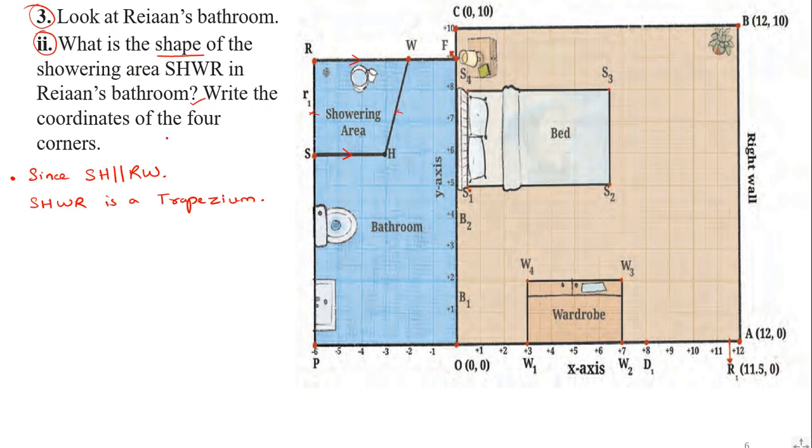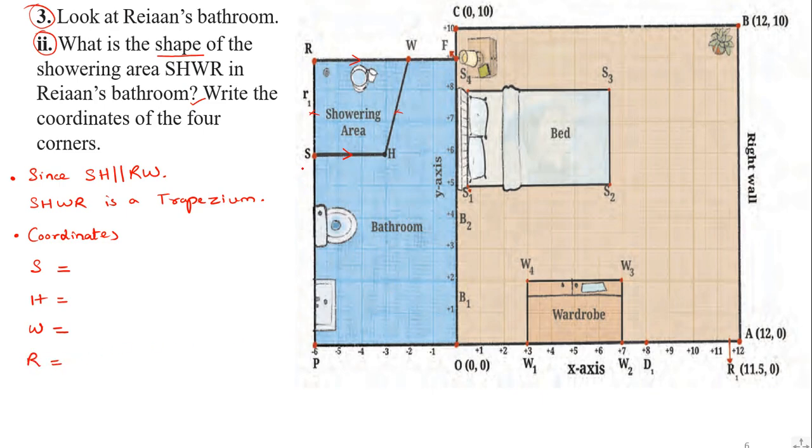Write the coordinates of the four corners. So we have to write the coordinates of S, H, W and R.